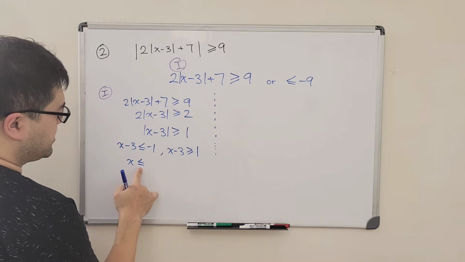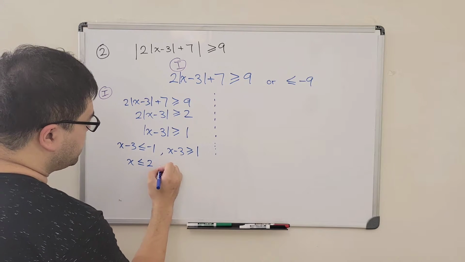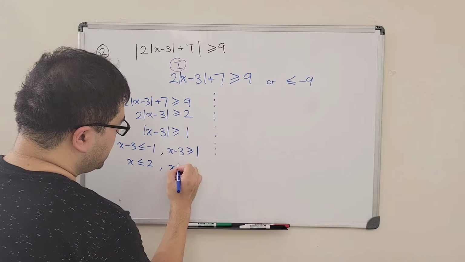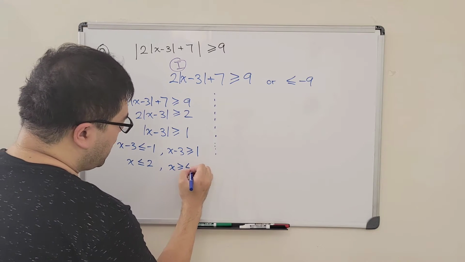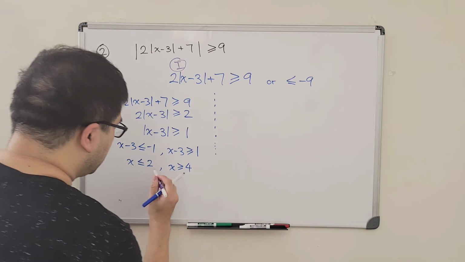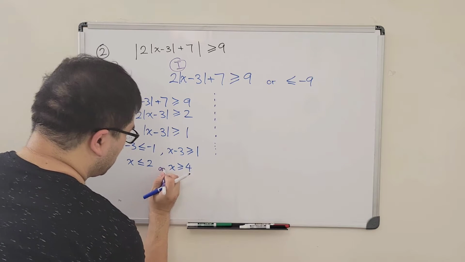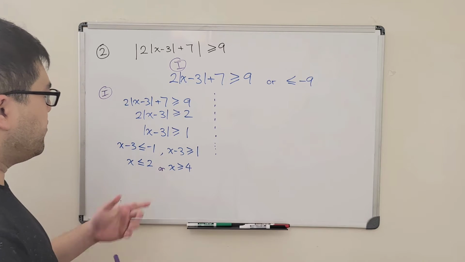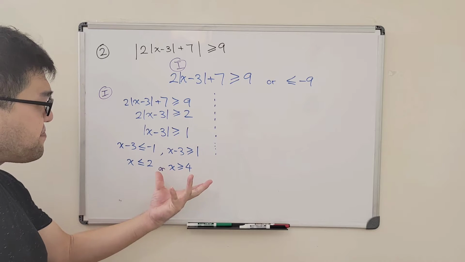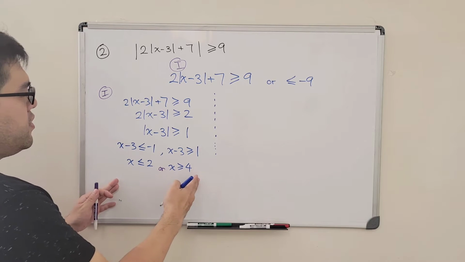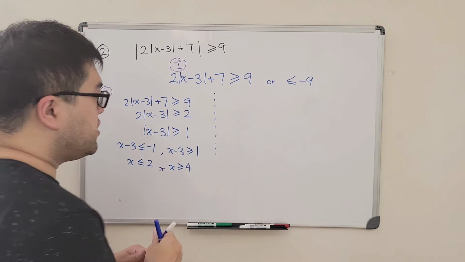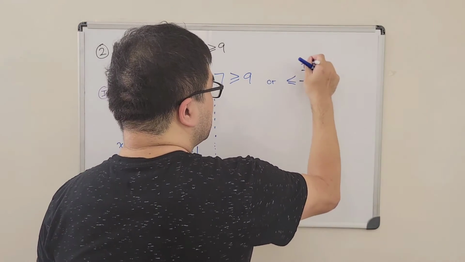We get x is less than or equal to positive 2, or x is greater than or equal to positive 4. Now remember, this comma right here is just saying the word or for the situation. So we finished the first case already. Let's jump into the second case.